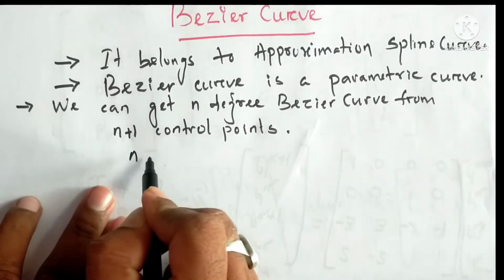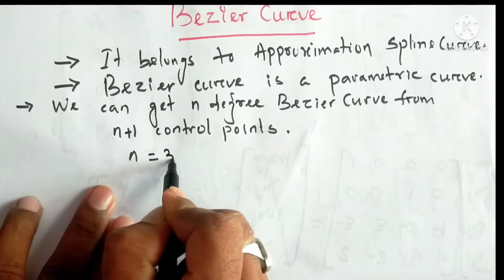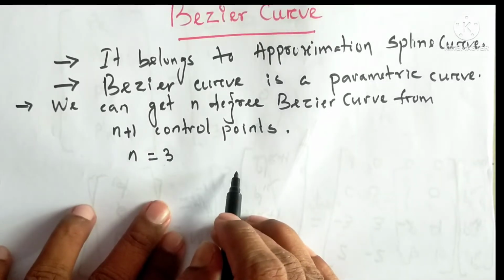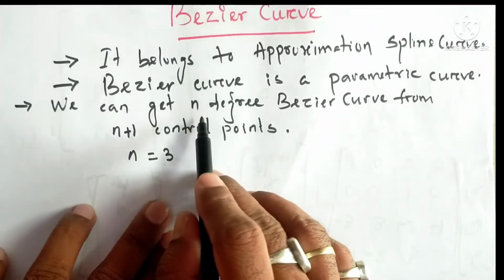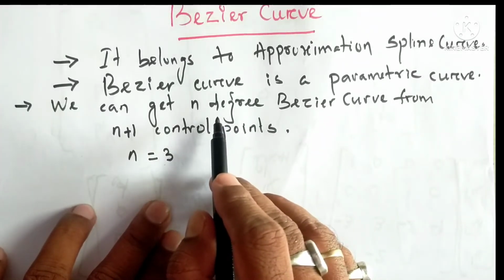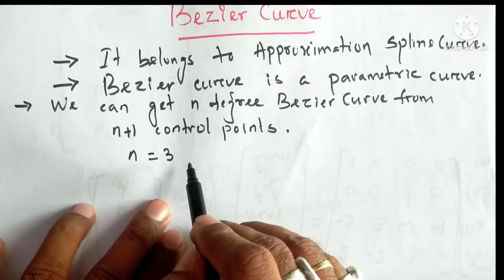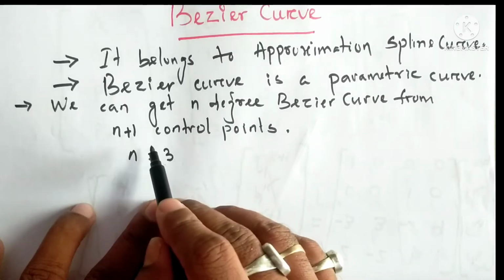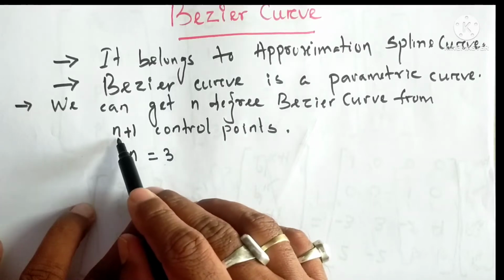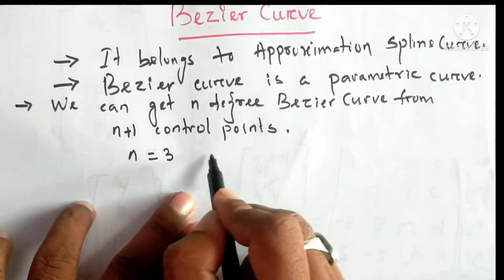If n equals 3, then this will be called a third degree Bezier curve, or the cubic Bezier curve. In a cubic Bezier curve, how many control points will we have? 3 plus 1, 4 control points.